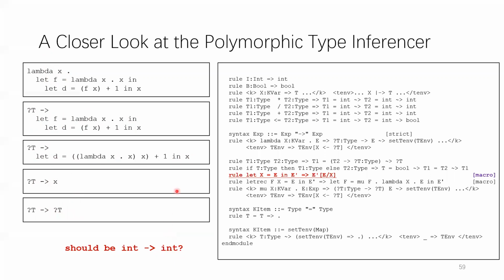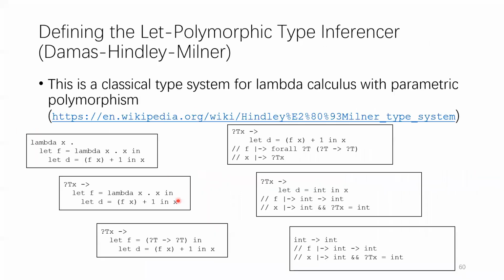But if you look at it more closely, you realize that it should actually be int arrow int. We can follow this step: now f is an identity function with a type t arrow t, and then in d we know that f will be applied to the variable x, and the result of it has to be an integer because I need to add 1 to the result.